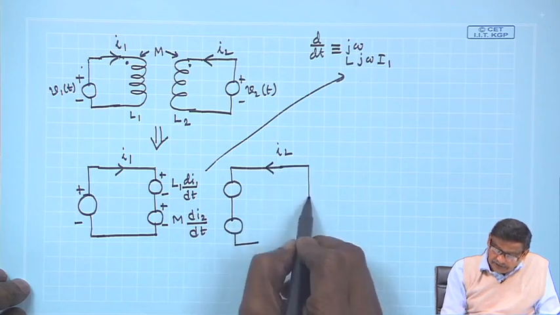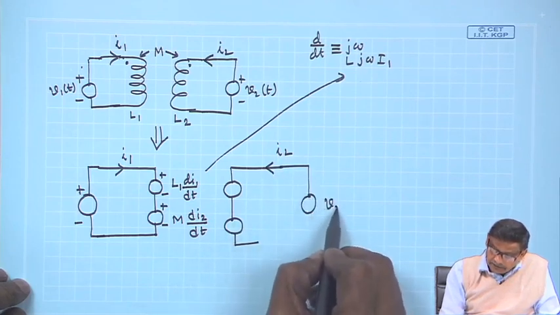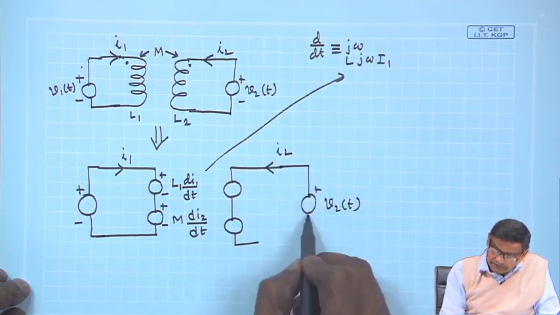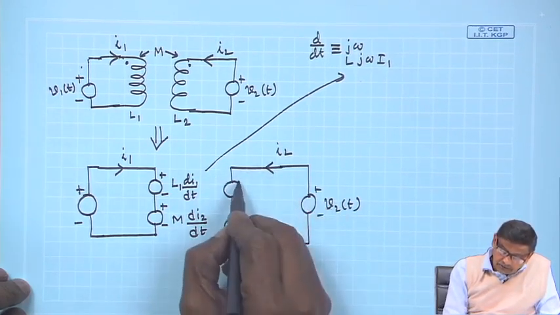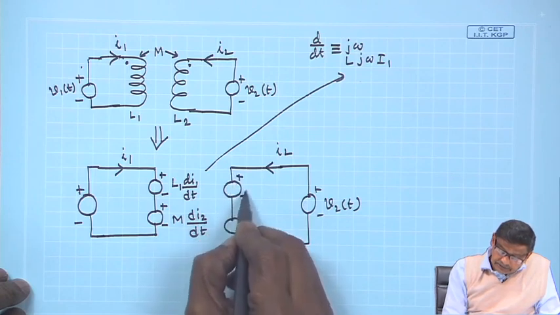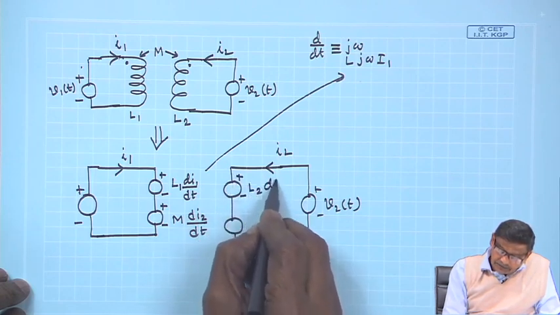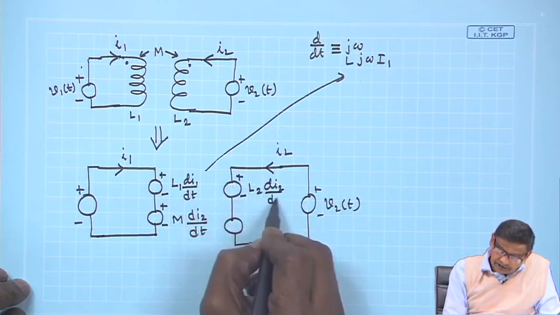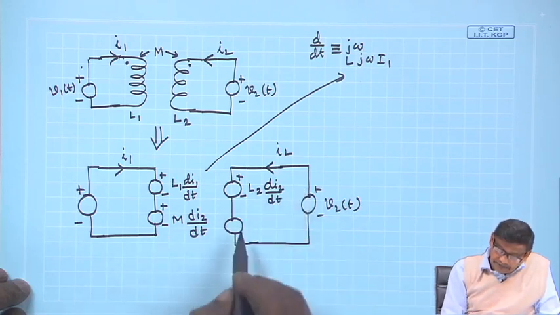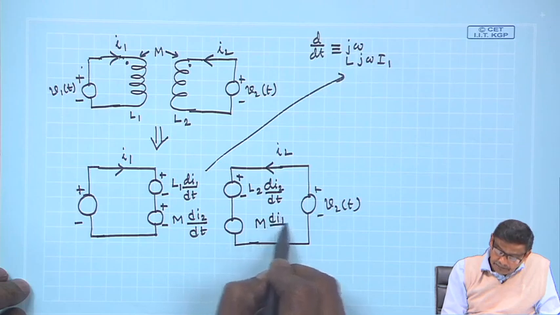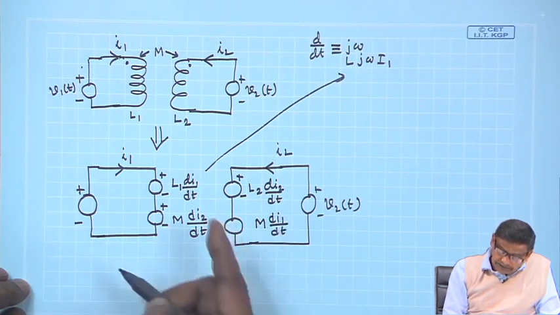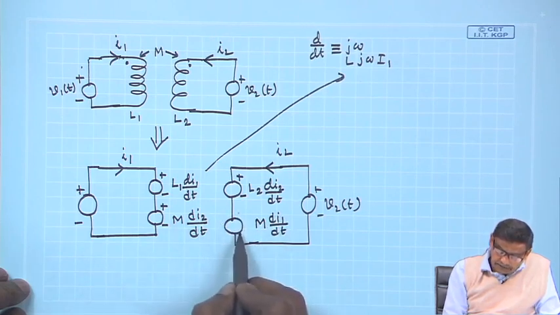is this direction and this is your supply voltage, mind you, V 2 plus minus. So, I 2 is entering through, so this will be L 2 d I 2 dt self inductance, and plus mutual inductance will be M d I 1 dt. Now, we have to decide where to write plus minus.